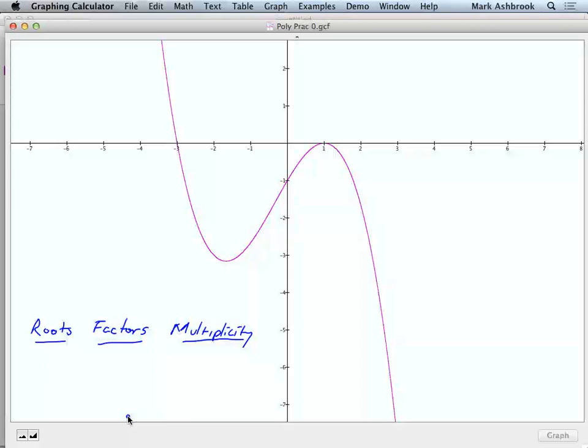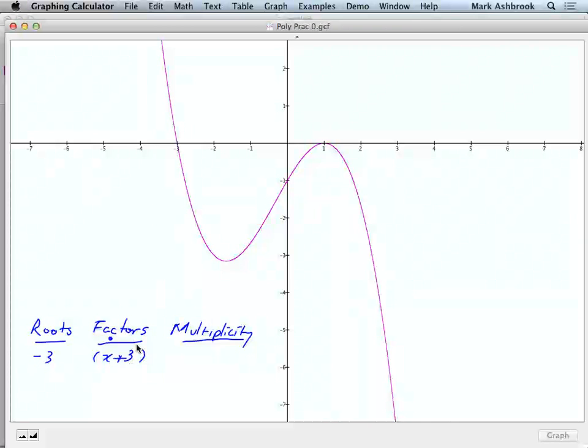Okay, so tell me one root. Danny, give me one of the roots. -3. Okay, so if the root is -3, what's the corresponding factor? x plus 3. How do you know?